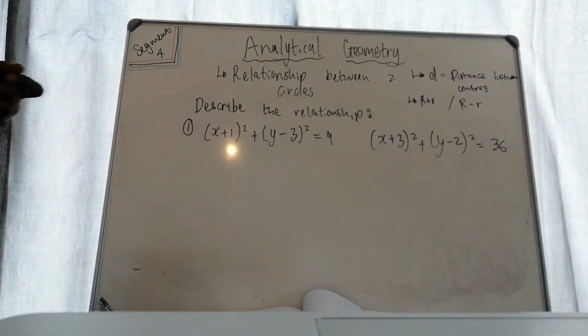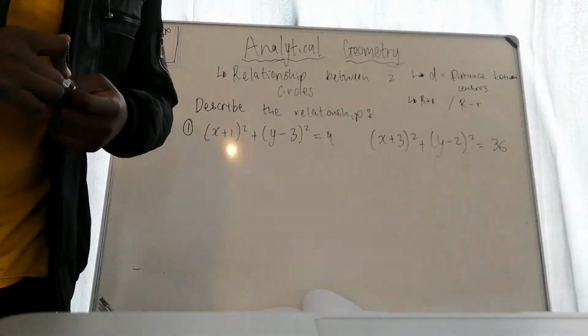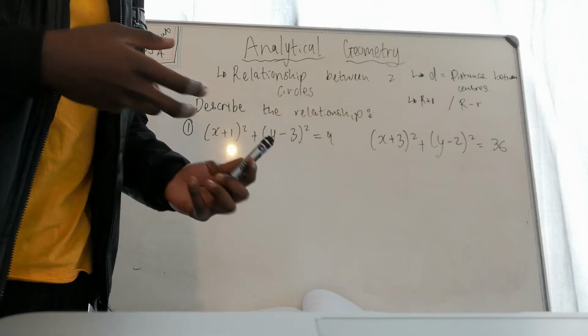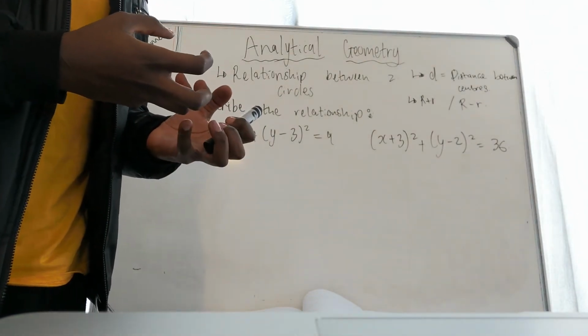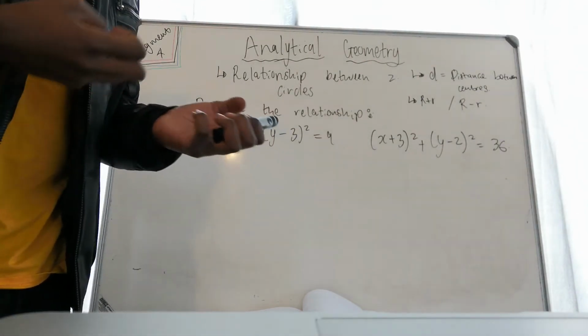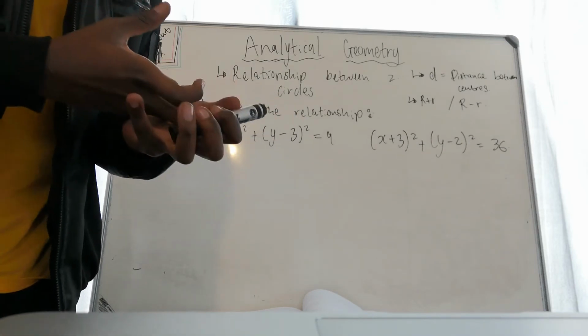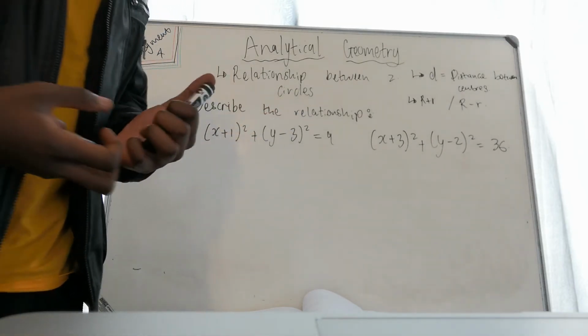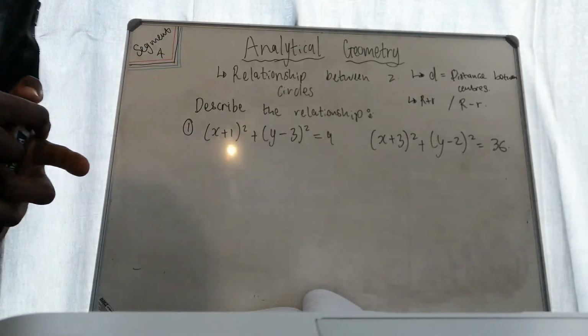Right? So you have two equations of two circles, and now from that you need to actually get out the information of what are the centers, and what are my radiuses as well.